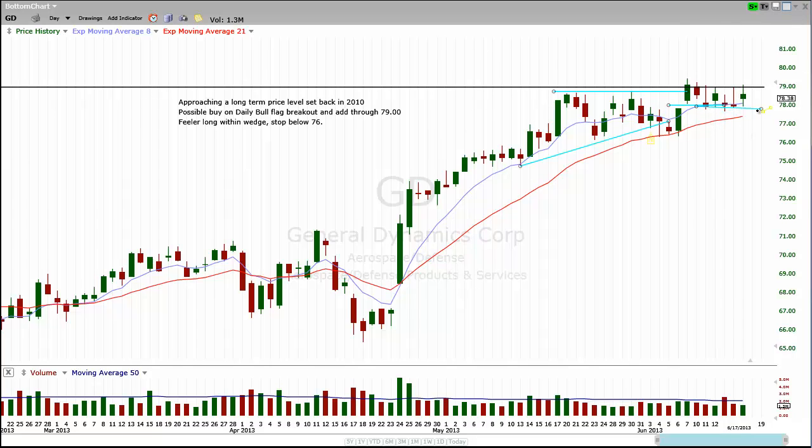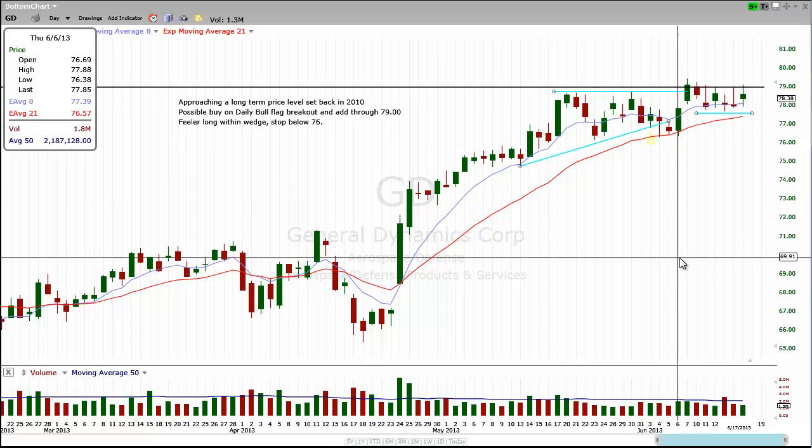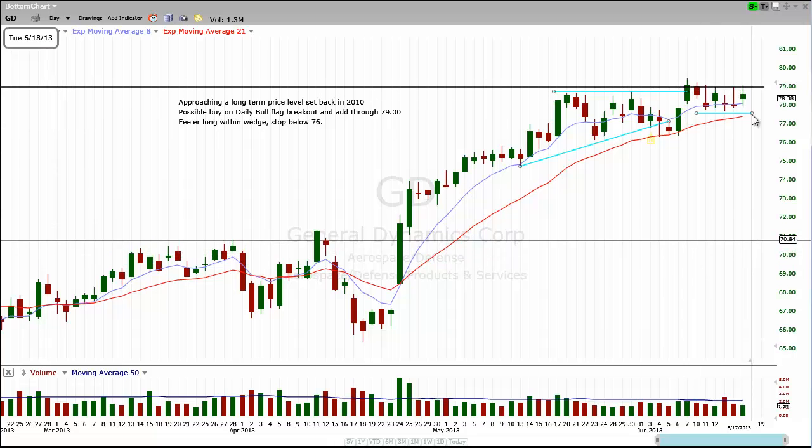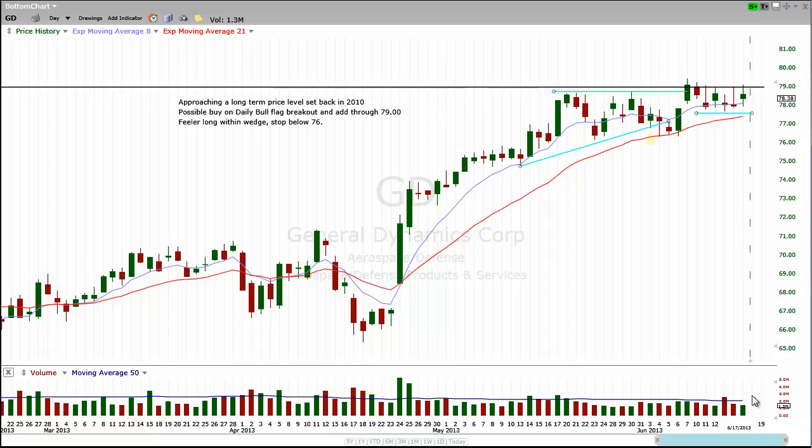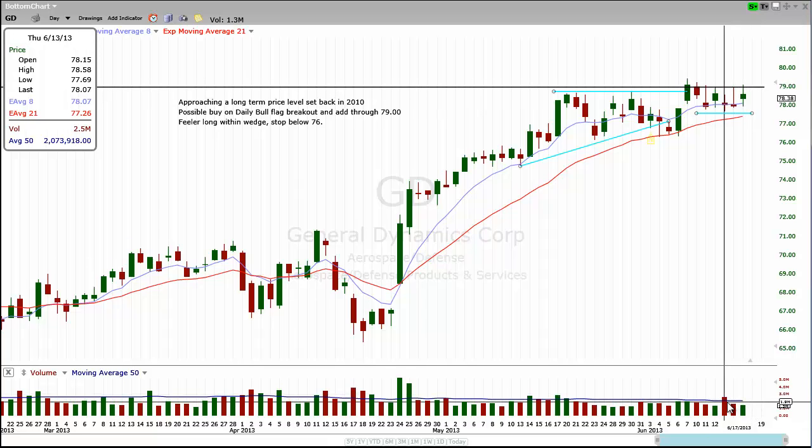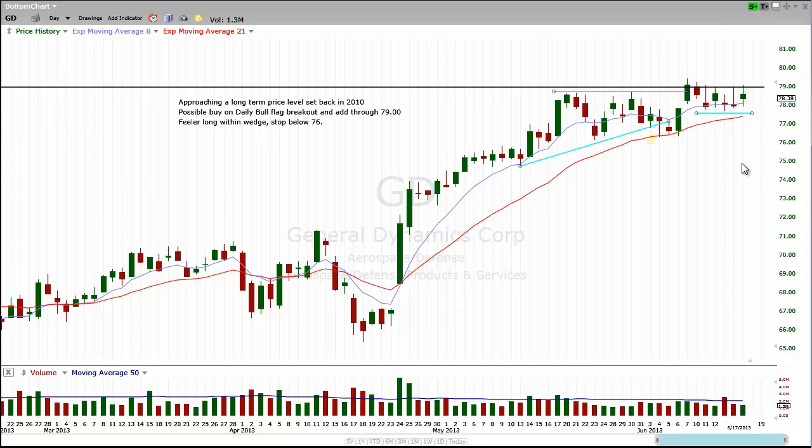And now it's kind of been just trading along this area. So maybe the next move, if it breaks through that same level with more volume, maybe at least more than this, maybe more than 2.5 mil, might be a decent breakout buy.